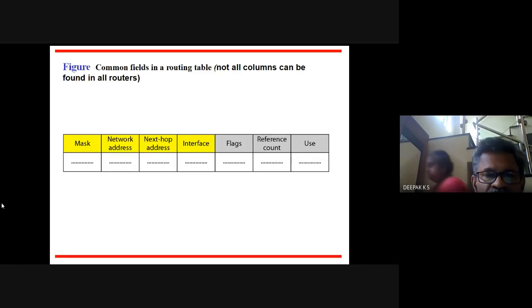Using the mask, it will bitwise AND and check whether any of these network addresses match, then forward to the corresponding interface. That is the basic function in forwarding. Forwarding is done by the router; one of the functions of a router is forwarding. When a datagram arrives, it has to be forwarded to one of the many interfaces this router has.